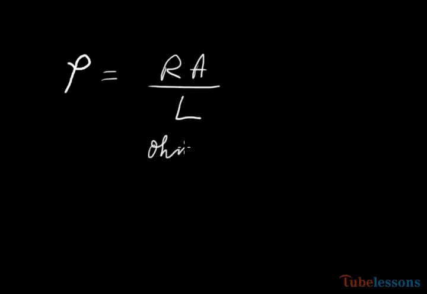Now we have learned that resistivity rho equal to R A by L. This is the formula of resistivity. Resistivity equal to resistance into area of cross section divided by length of the conductor. Now how can we get the unit of resistivity? The unit of resistance is ohm into area of cross section meter square divided by length meter.